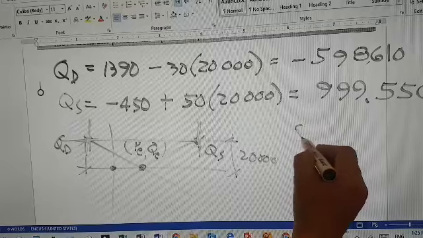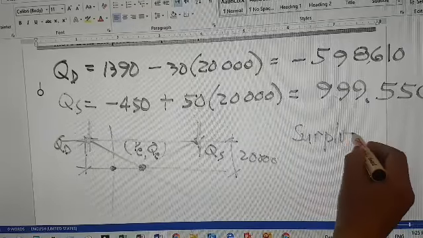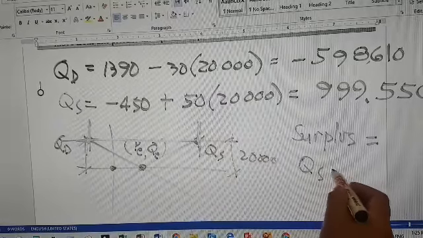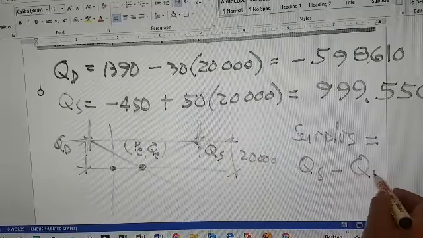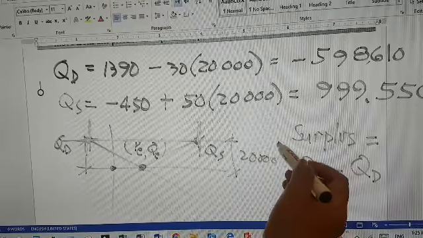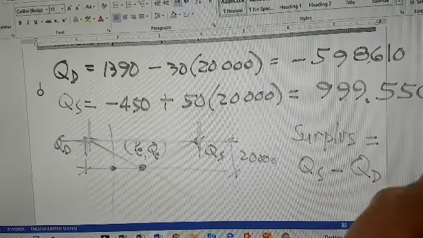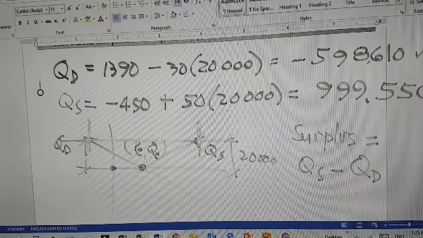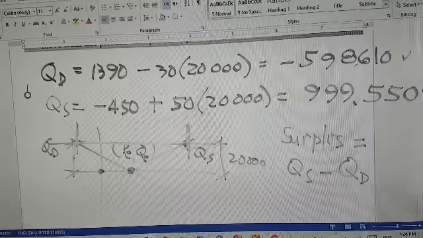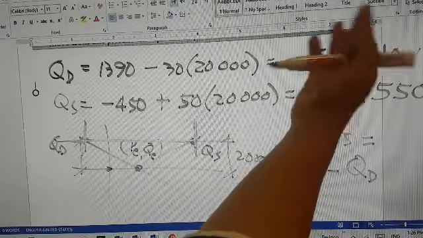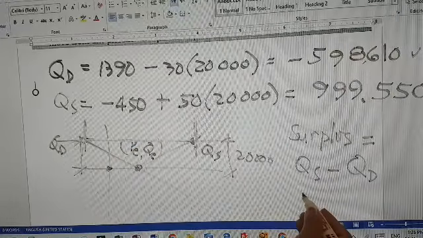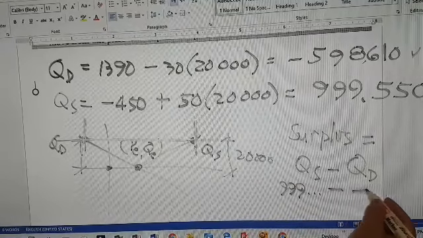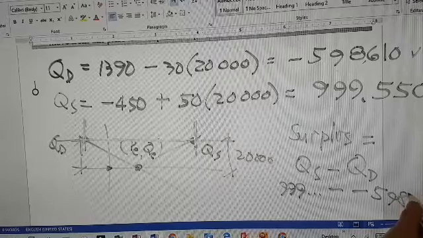So the surplus will be the QS minus the QD. Okay? So QS is 999,550, and then the QD is negative 598,610. So a negative and negative will make them a plus. All right? So this is the 999 dot dot dot minus 598 dot dot dot.